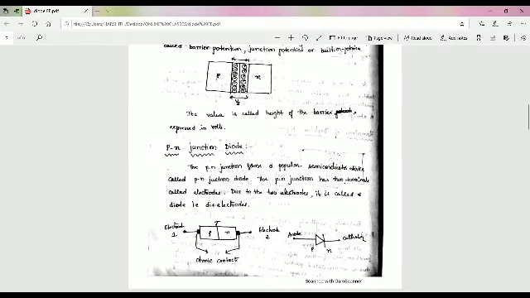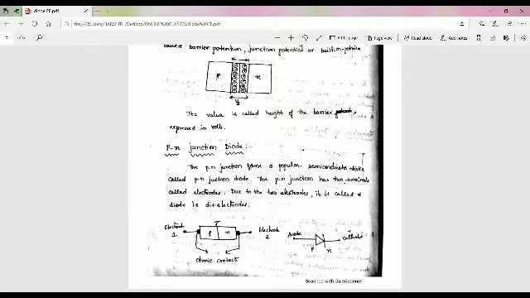The arrowhead in the symbol indicates the direction of the conventional current, from positive to negative. With P type as positive and N type as negative, anode is positive, cathode is negative. The positive to negative direction is the conventional current, which can flow when the external voltage is connected in a specific manner across the diode.